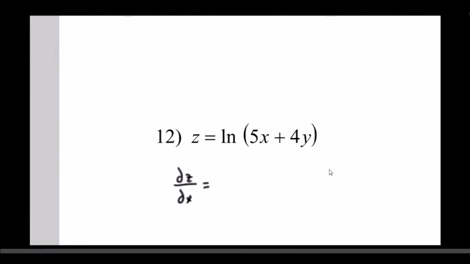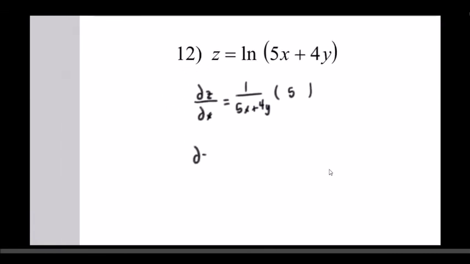Remember the derivative of natural log is 1 over u times du, or the derivative of our denominator. First time around we're doing with respect to x, so the derivative of 5x is 5, and the derivative of 4y, again thinking of 4 and y as just numbers, the derivative of a number is 0, so it's just 5 there.